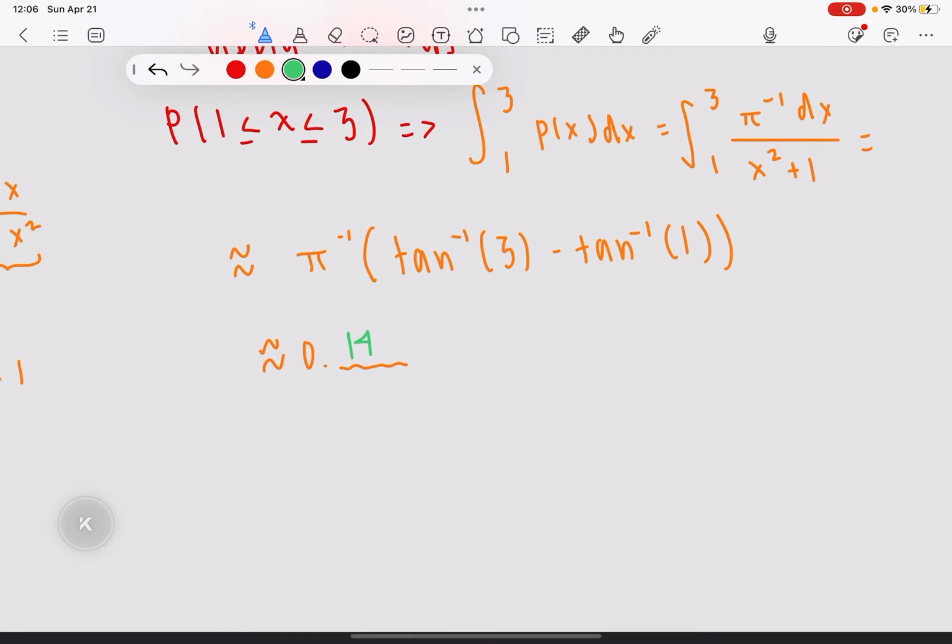Say it was 14. So we would turn that into a percentage, multiply that by 100. So 14% probability that x lies between 1 and 3.